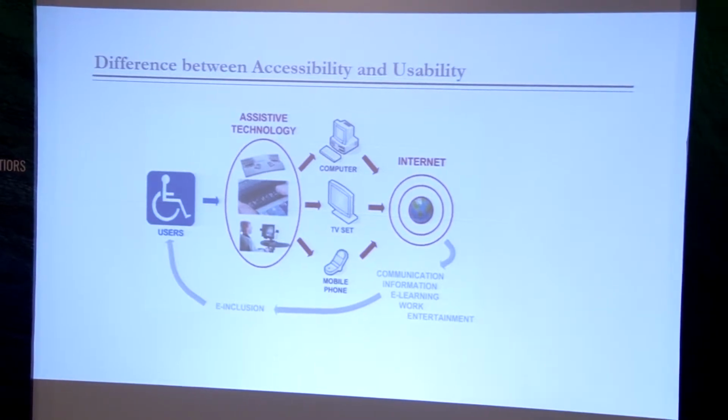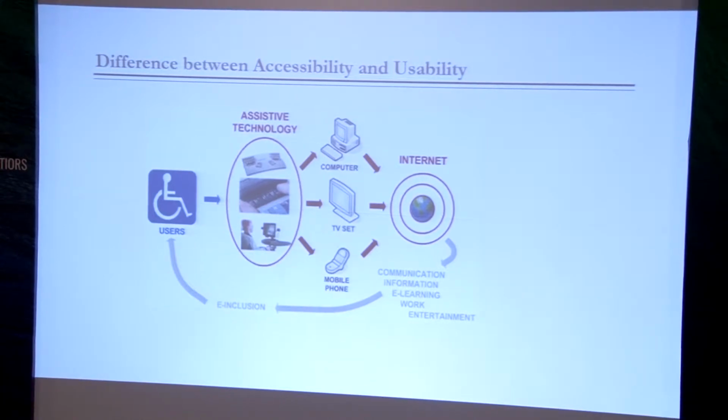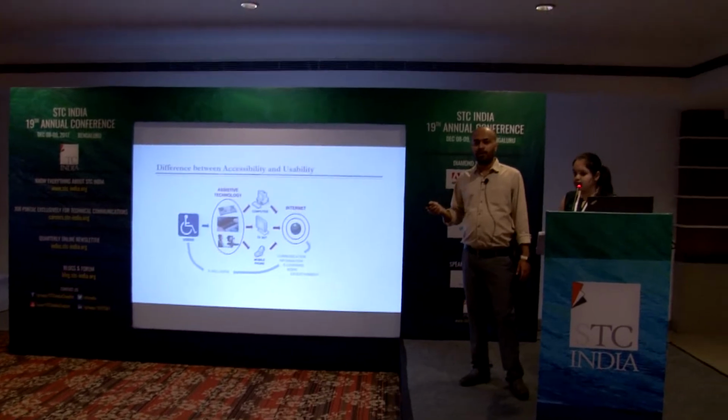In this picture, you can see that people with disabilities have some difficulty or challenges accessing the technology, and with the help of different tools such as hardware and software, they can access the information. For example, suppose somebody has an injury, for example carpal tunnel syndrome, then that person can use a head-mounted pointer to access the information on the computer.